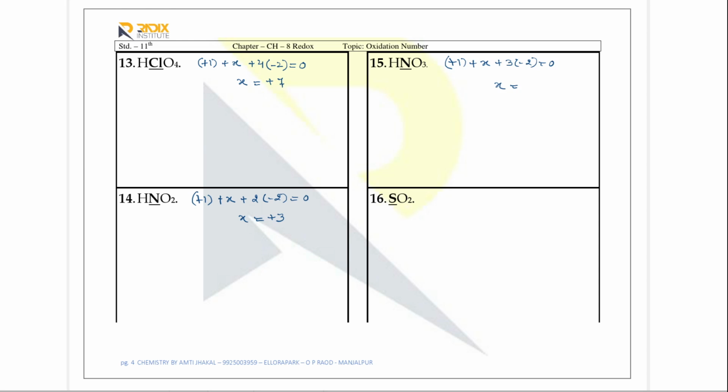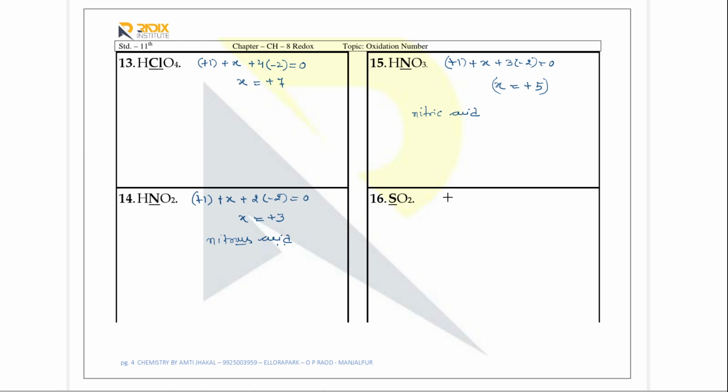So X is equal to +5. Now nitrogen forms only 2 oxo acids. So we name the higher one as the ic, nitric acid, and the lower one we call it as nitrous acid.